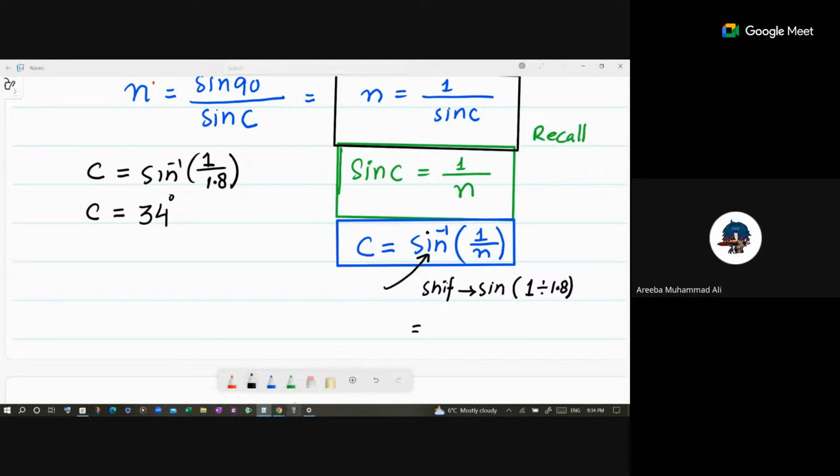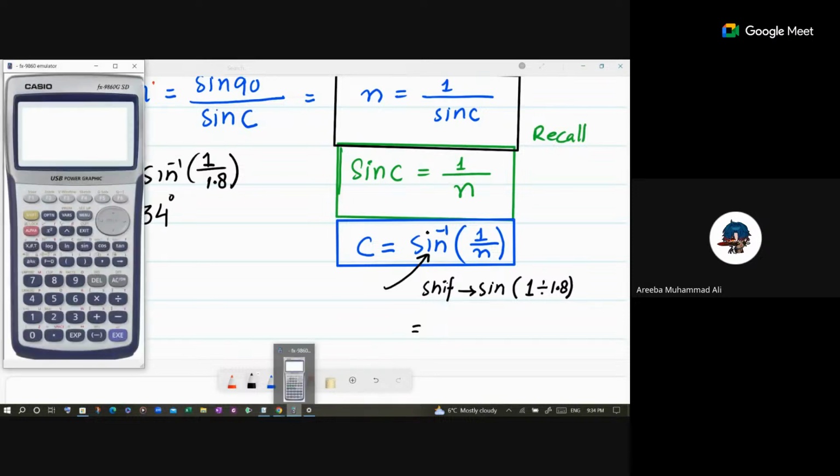Sir, I'm getting my answer in radian. Okay, I have this calculator. Do you see that? Yes, sir. Okay, I will try to fix it. I don't know whether I will be able to do that or not. I have this calculator, but unfortunately, I cannot.